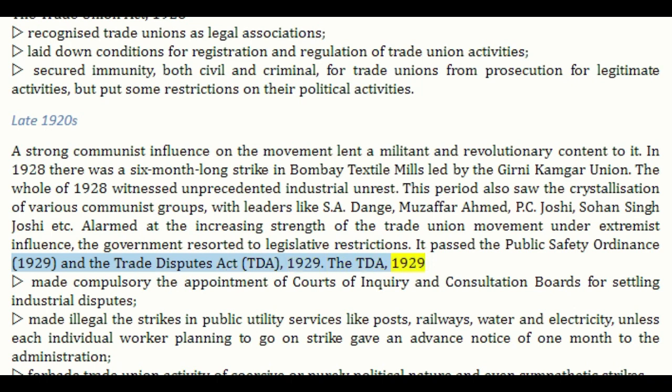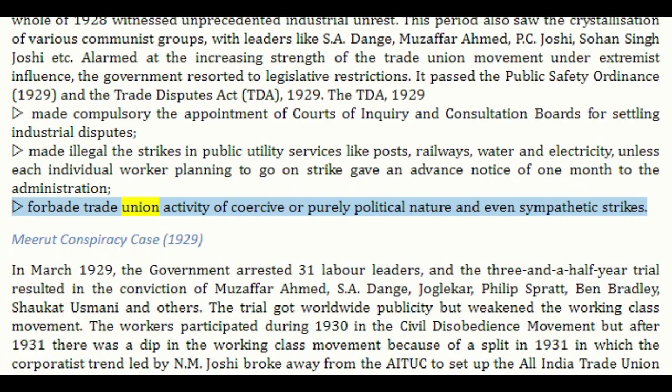The TDA, 1929 made compulsory the appointment of courts of inquiry and consultation boards for settling industrial disputes, made illegal the strikes in public utility services like posts, railways, water and electricity, unless each individual worker planning to go on strike gave an advance notice of 1 month to the administration. It forbade trade union activity of coercive or purely political nature, and even sympathetic strikes.